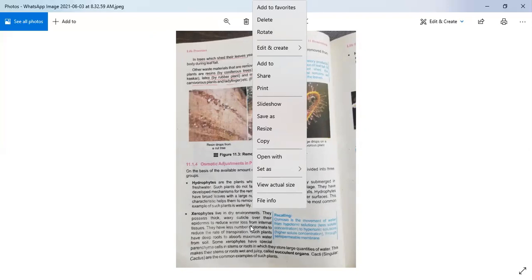Okay, and other waste materials that are removed by some plants are resins.